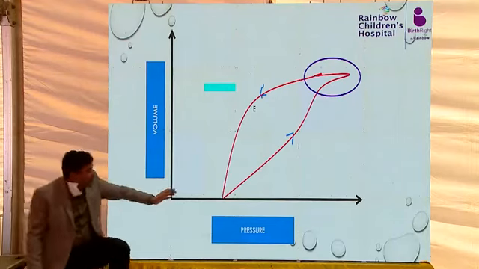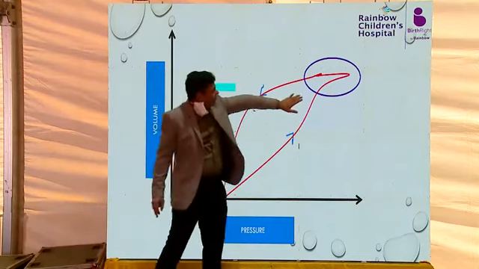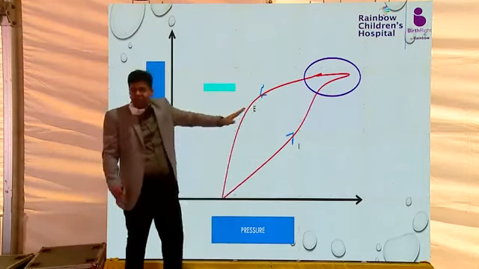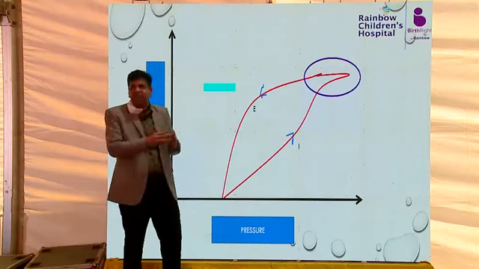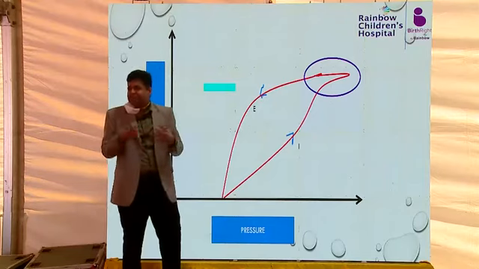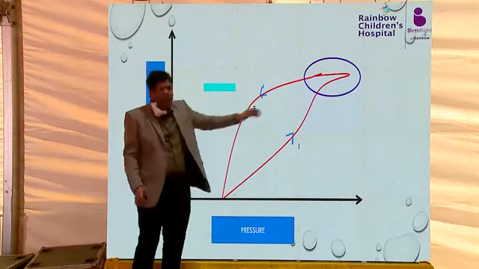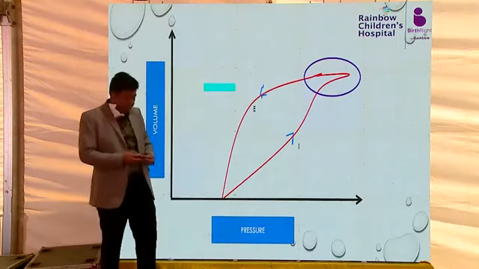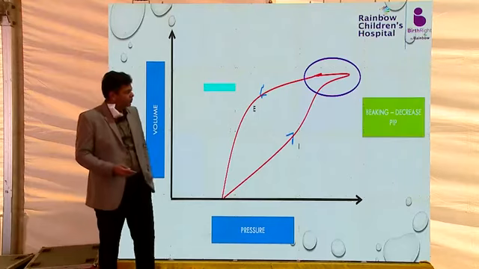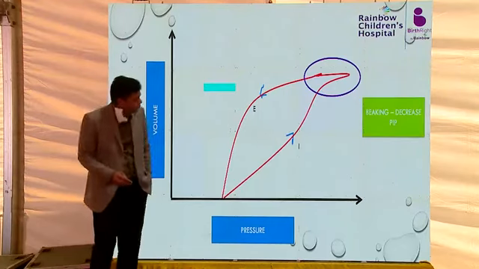Just imagine, till 21, 22 there is a volume change. But in the last part of the PIP there is no volume change. So that means it's an excessive PIP. So you will try to decrease the PIP and you will try to abolish this beaking. It is called beaking.